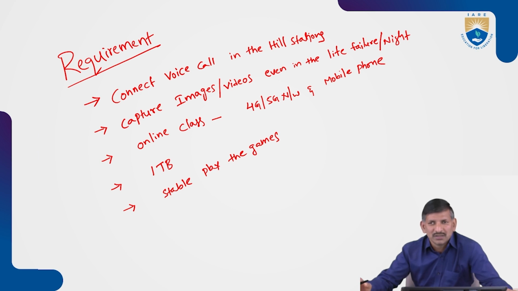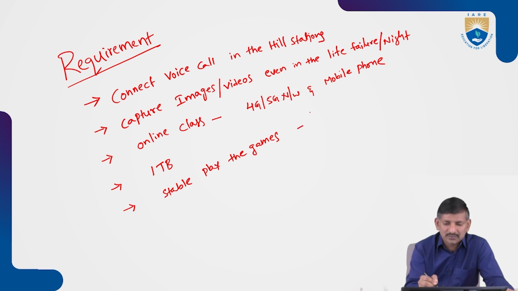That is the requirement. So which device provides that? Graphic cards. Here these are the specifications, mobile phones. If you want to play games without interruptions, we require some graphic card.